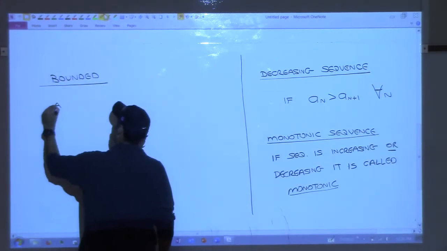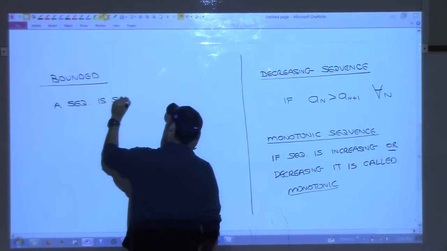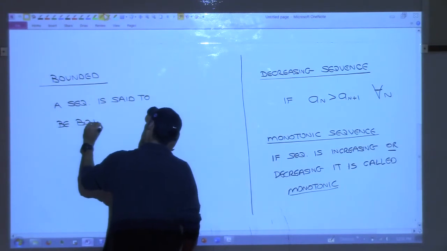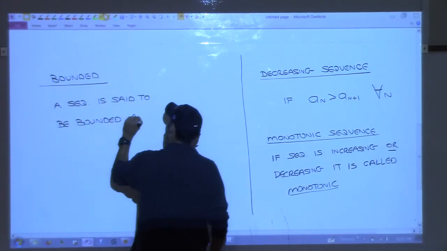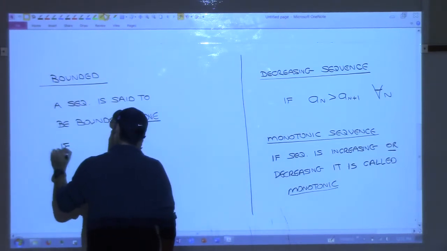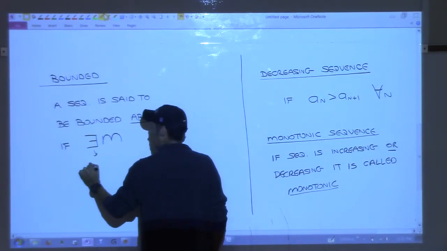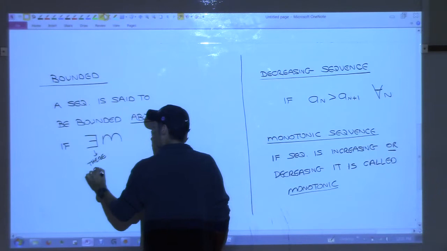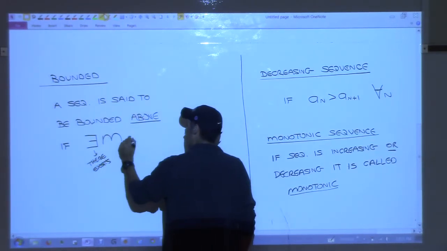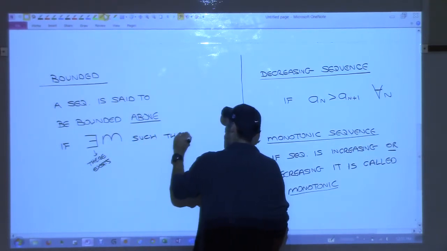A sequence is said to be bounded above if there exists a capital M such that, what do you think I'm going to say right now?